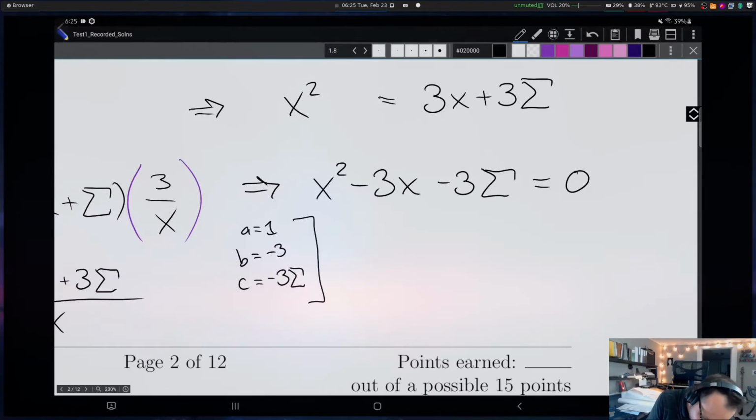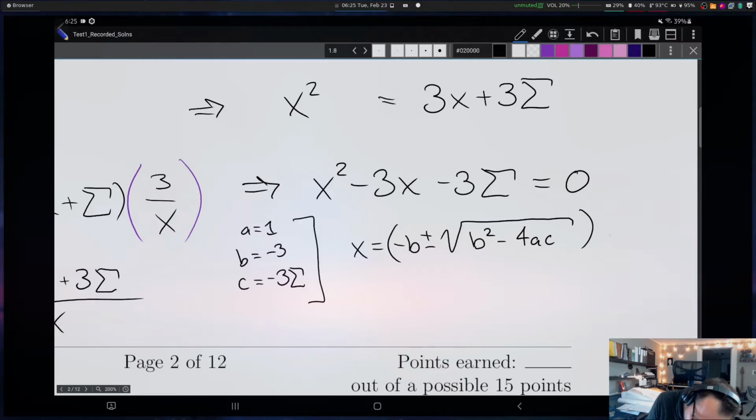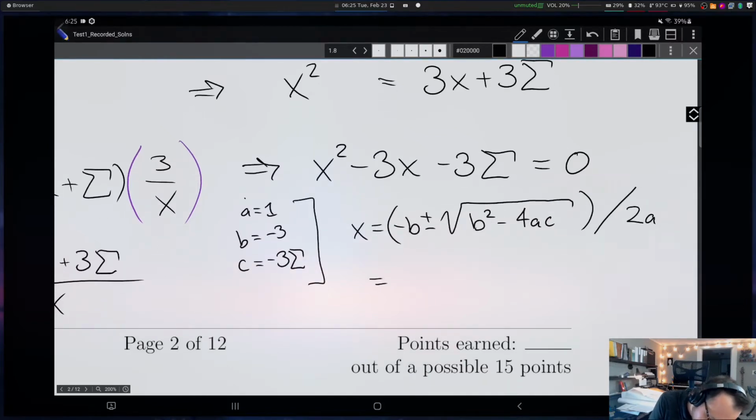Okay, and then I just have to remember what the quadratic formula looks like. It says that if I have this quadratic set equal to 0, then the roots of this quadratic are x equals negative b plus or minus the square root of b squared minus 4ac, and we need to take this whole thing and divide it by 2a. But good, I have names for everything that's appearing in that equation.